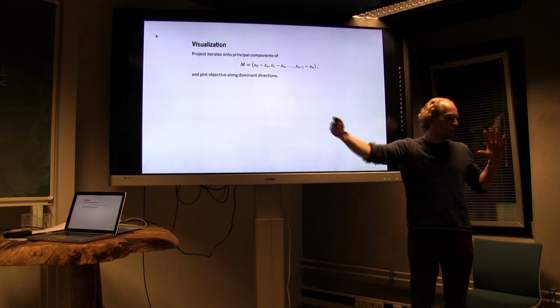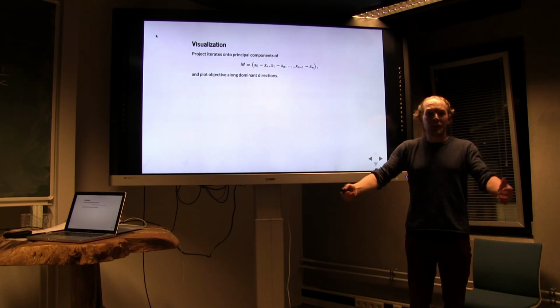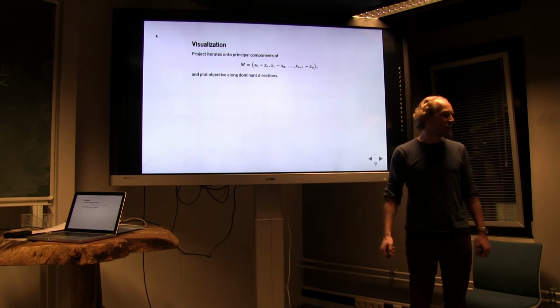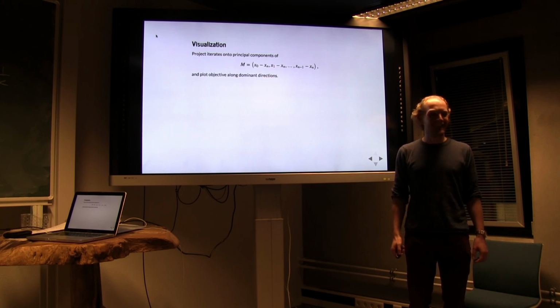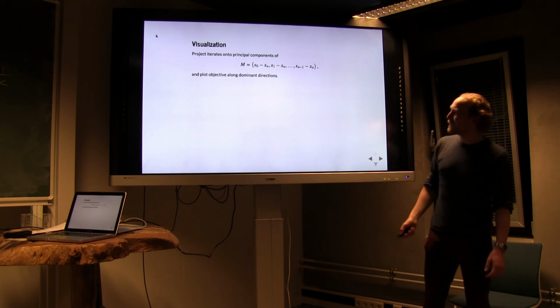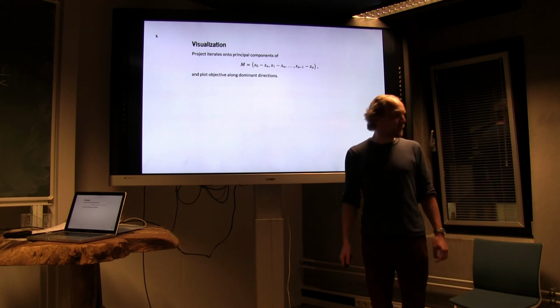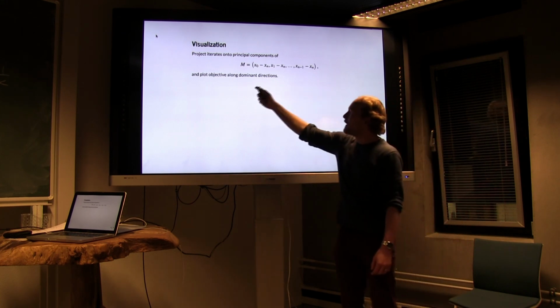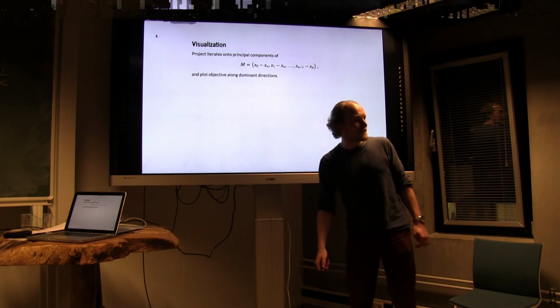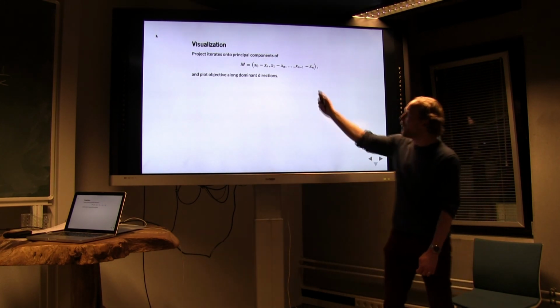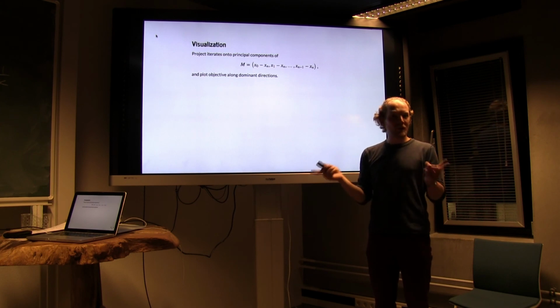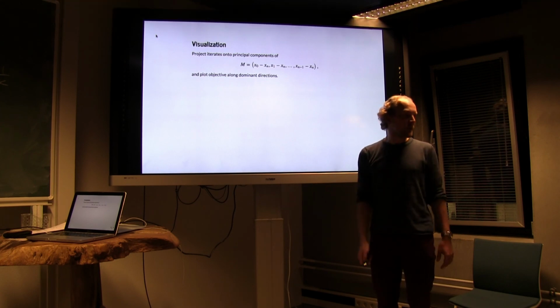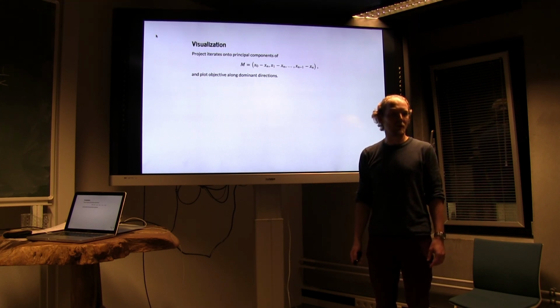So I make a big matrix out of all these iterates, and then what do I do if I have a big matrix? I want to know something about it. Right? I take the SVD or the principal components or whatever you want to call them. So I compute the two principal components, the two largest directions of this matrix M, and along these two directions I'm going to plot this landscape, this cost function.